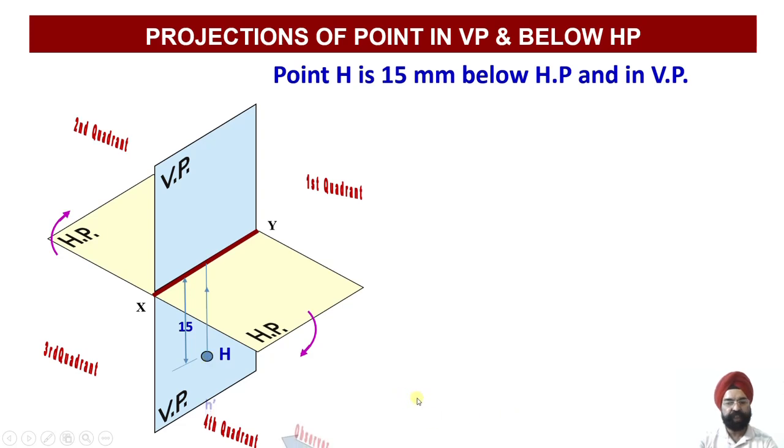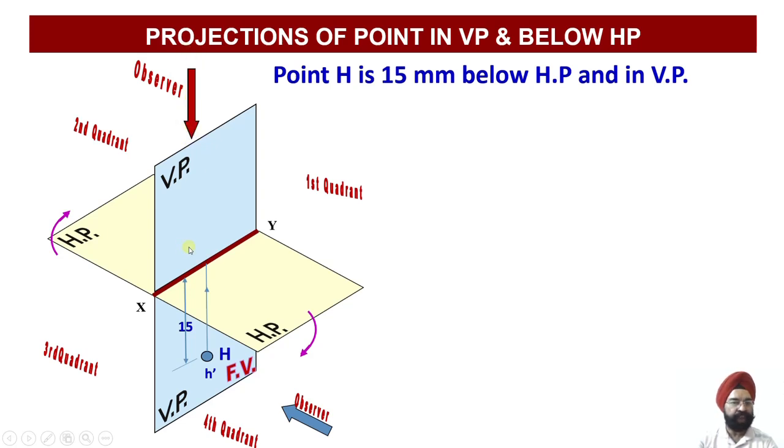So let us look at this point from the front. Once we look at this point from the front, my projector line will be falling upon this. So the front view will coincide with the physical location of the point. So I get the front view as H dash. Now next we move on to the top view. The observer is looking from the top.